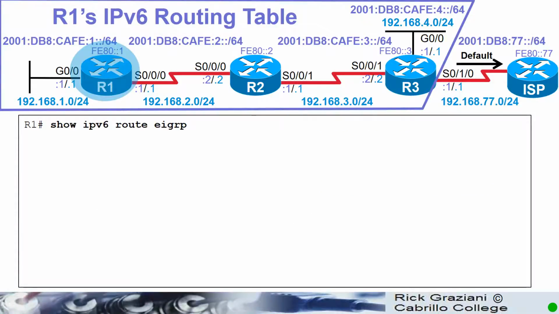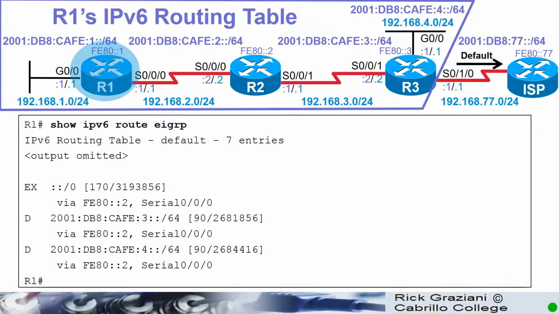Let's go look at a route table. It's only going to show the successor, even if it has multiple paths from A to B, for example. It's only going to show you the primary, the first successor. It will not show you any of the backup routes, even if it has backup routes.